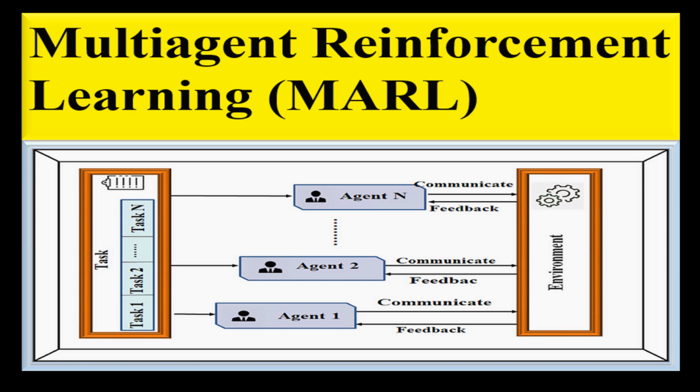In multi-agent reinforcement learning, agents can adopt various strategies such as, first, cooperation. Agents work together towards a common goal, where each agent receives a reward based on the team's performance and the actions are coordinated to maximize the collective reward. Then comes competition. Here, agents compete against each other to achieve their individual goals while simultaneously considering the impact of their actions on the other agents.